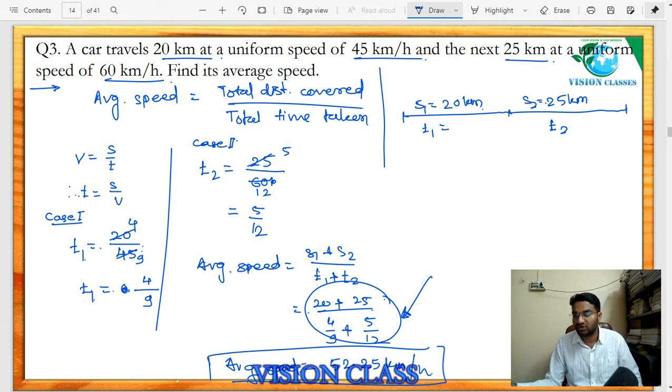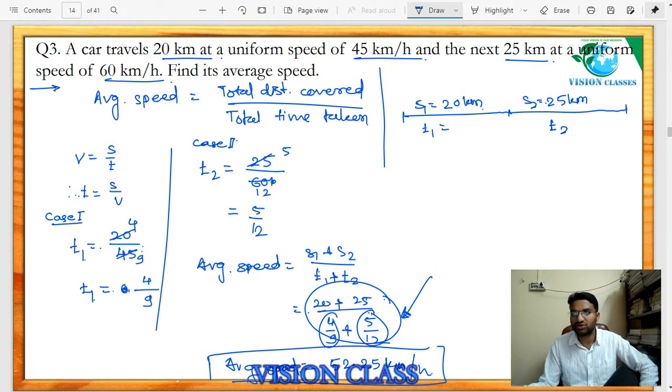This is just a rough calculation of fractions, and if you want to learn this fraction part, just go through my other videos in the playlist, and you will get how to solve those fractions and all those things. Okay, so here average speed is 52.25 kilometers per hour. How did we calculate it?